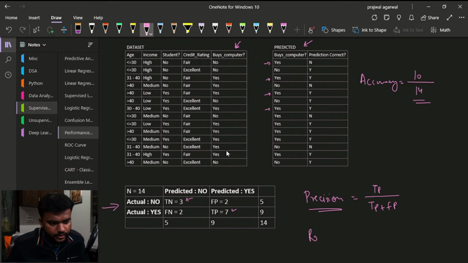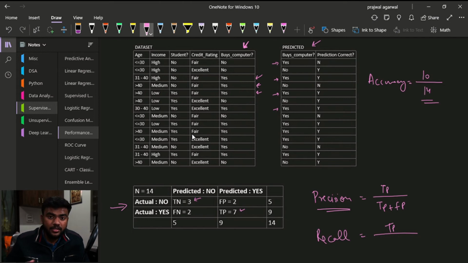And then we have recall. Recall says, in the actual data set, how many yes have been classified correctly. The yes that have been classified correctly are given by true positive. How many yes are actually there in the actual data set is given by true positive plus false negative.